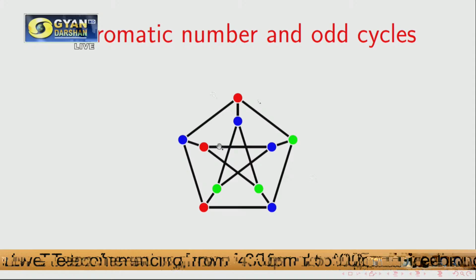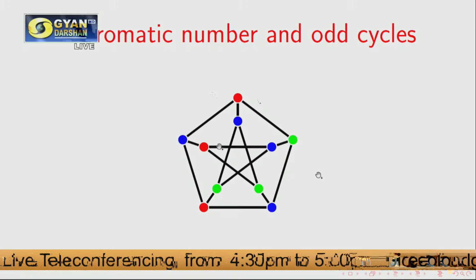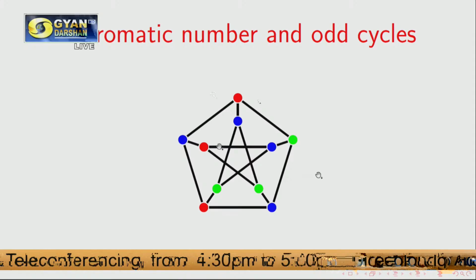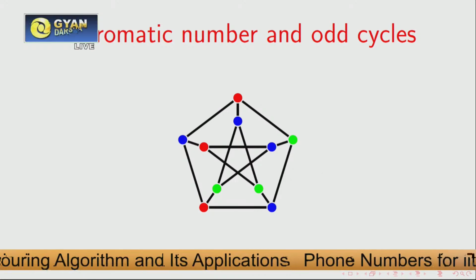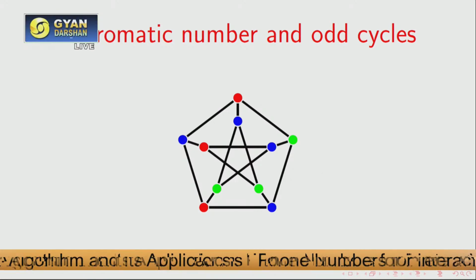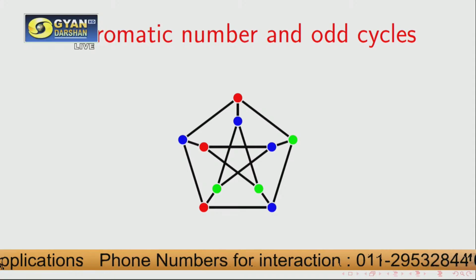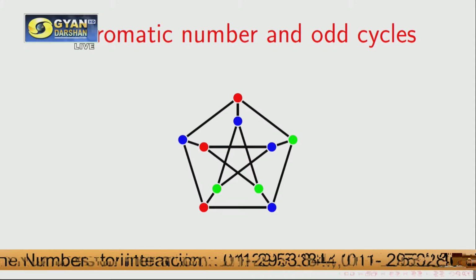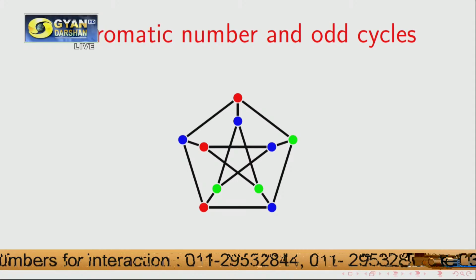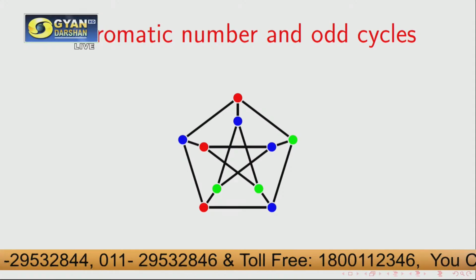Now we can see that we have got a 3 vertex coloring, and therefore its chromatic number is at most 3, right? And now what is the least number of colors that it needs? That is also at least 3, because it has an odd cycle. So therefore its chromatic number is exactly 3.